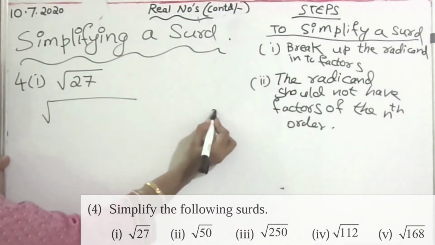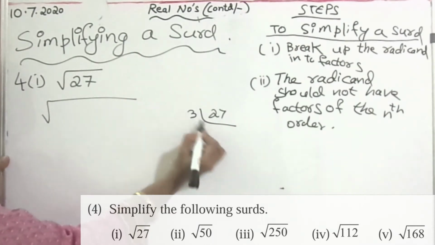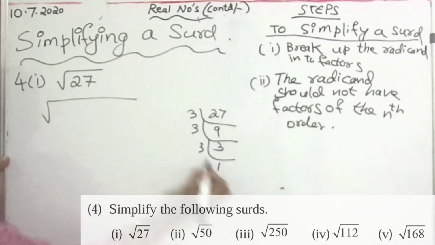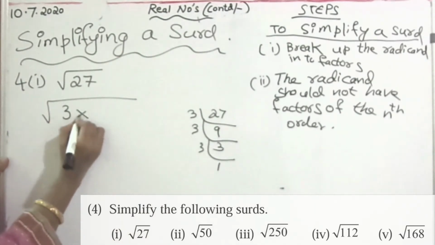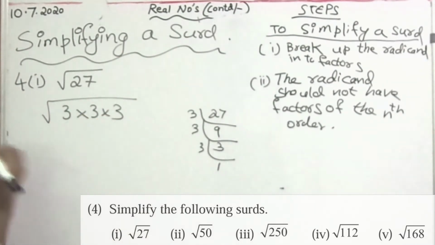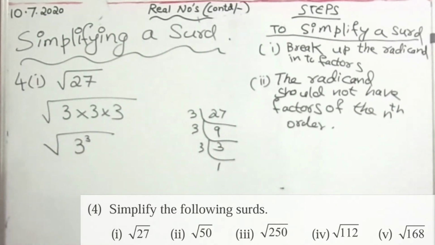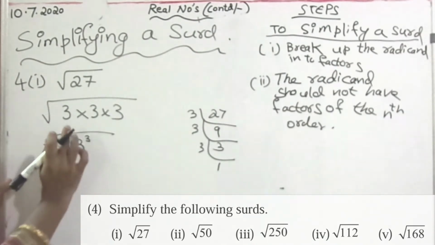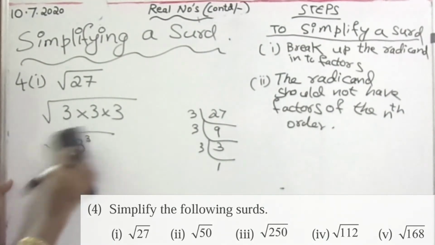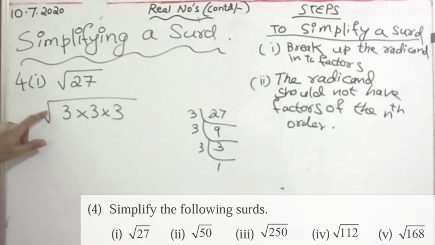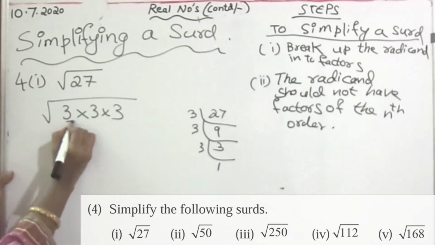What are the factors of 27? 3 goes in 27. How many 3s? 3 threes. 3 into 3 into 3. So this is nothing but the square root of 3 raised to 3. First of all, let us see what the order is here. If nothing is mentioned, it means it's a square root, and we have two 3s here.